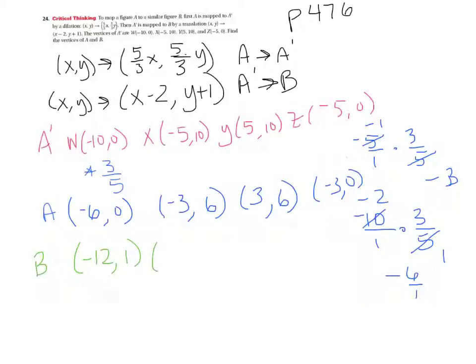Negative 5 minus 2 is negative 7, and 10 plus 1 is 11. Positive 5 minus 2 is 3, and 10 plus 1 is 11. And then negative 5 minus 2 is negative 7, and 0 plus 1 is 1. So that is my solution for number 24.